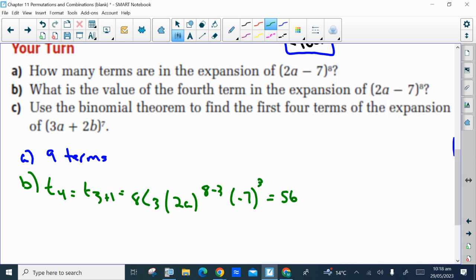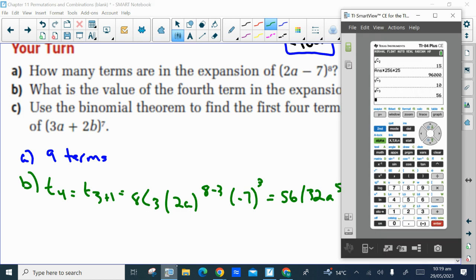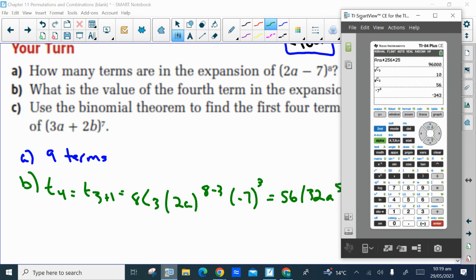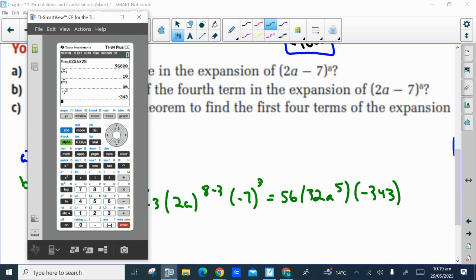2a is all raised to the power 5, which will be 32a to the 5th. And then the negative 7 is raised to the power 3, which is negative 343. So now we will multiply those numbers together to get our coefficient. So negative 343 times 32 times 56.